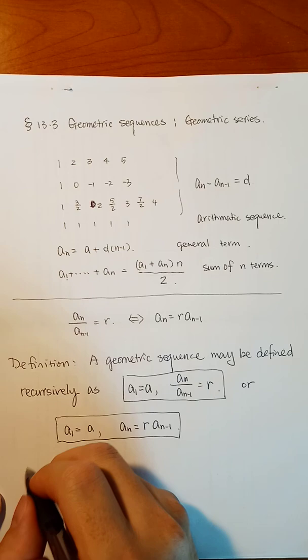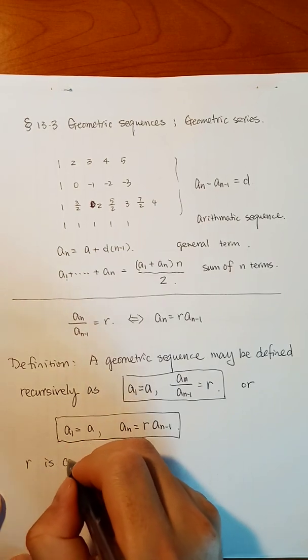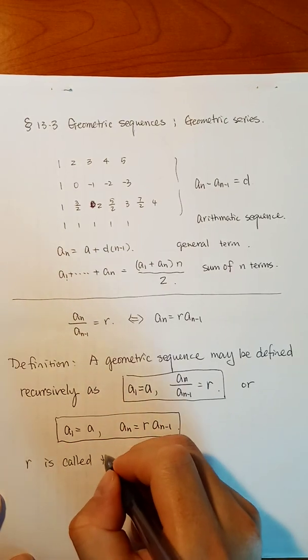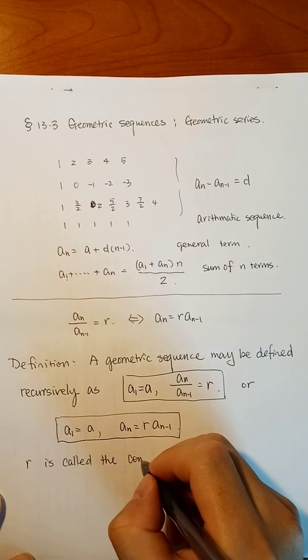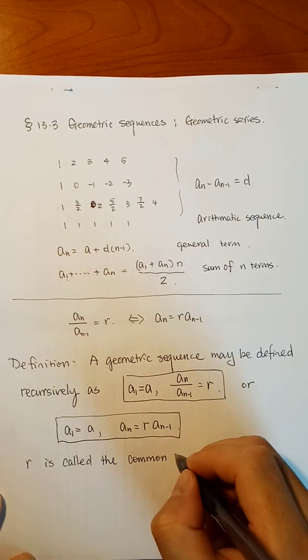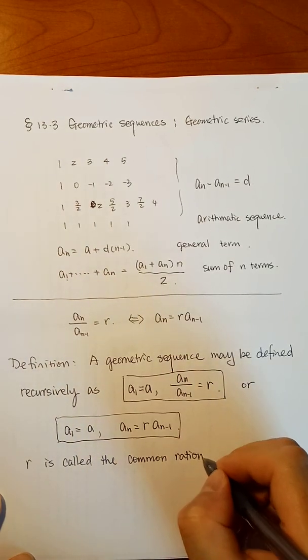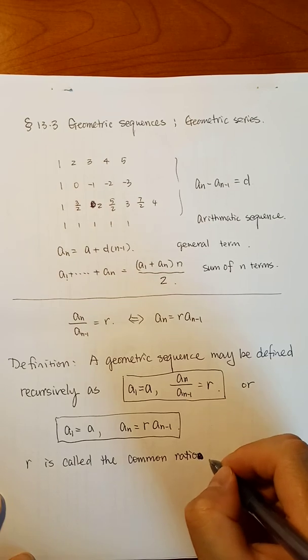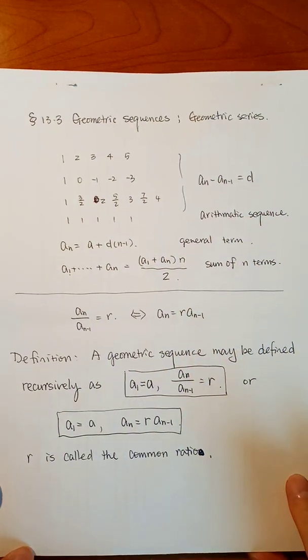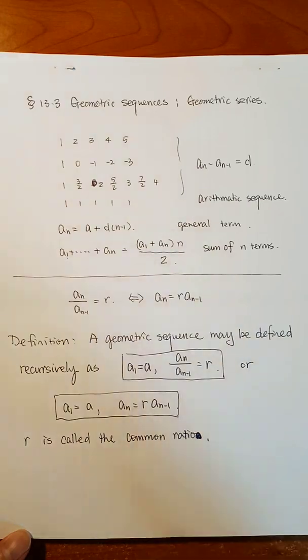And this r is called the common ratio, like d is called the common difference. The same thing. That's geometric.